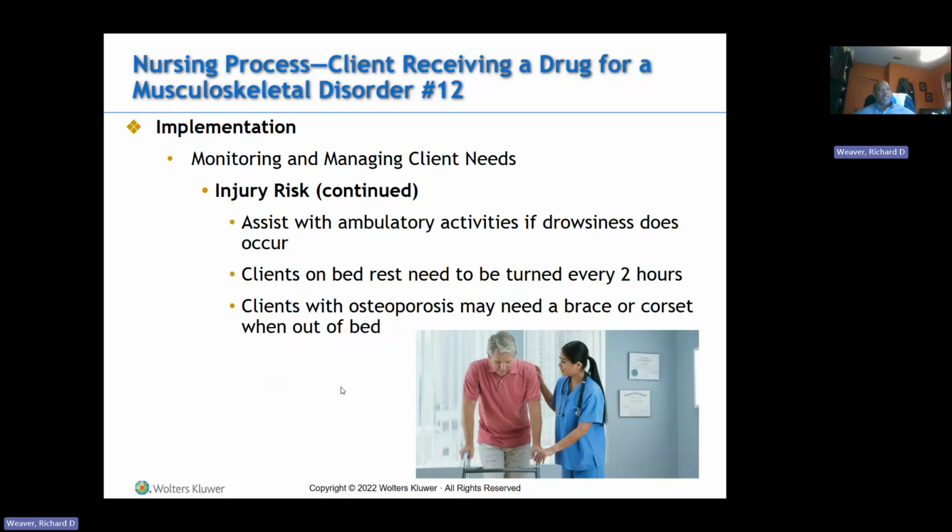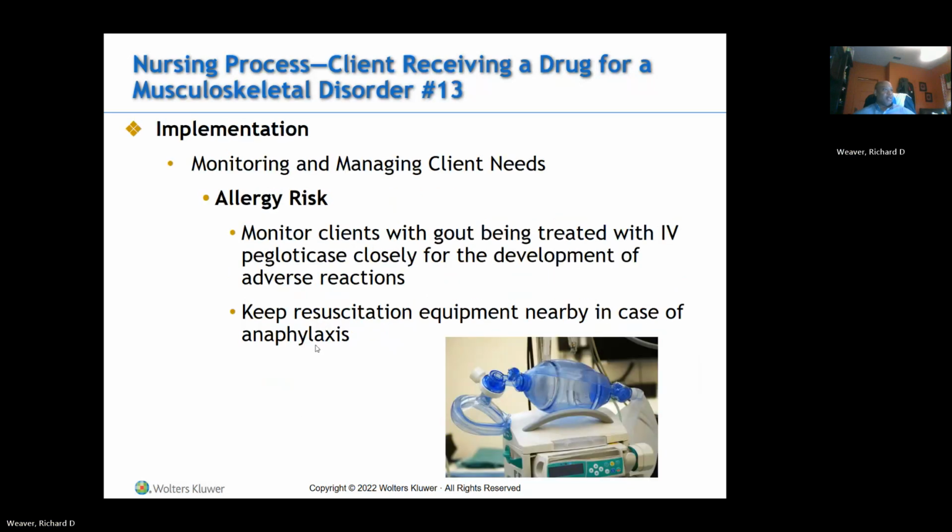Assist with ambulatory activities if drowsiness does occur. Clients on bed rest need to be turned at least every 2 hours. And clients with osteoporosis may need a brace or corset when out of bed, because you want to minimize fractures and whatnot.